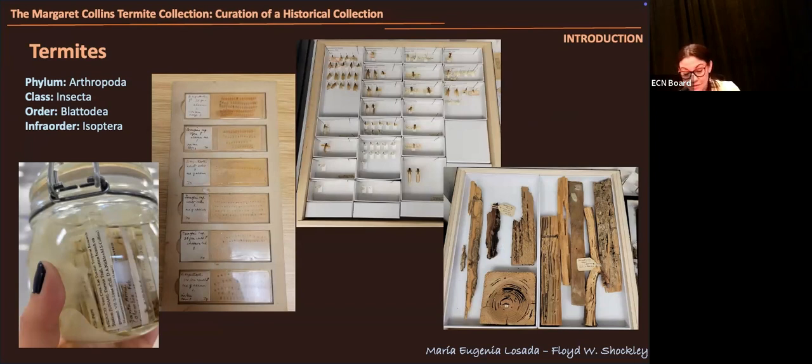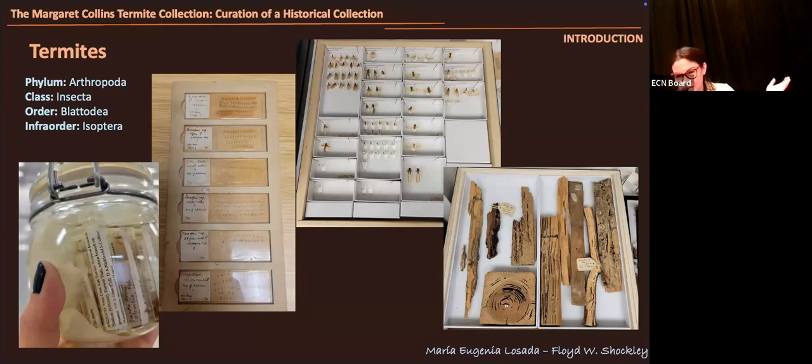So in this case, I'm going to talk about termites. I want to clarify that I am not a termite person, but I work in the collection management unit, supporting the projects that we need to be worked on. One of the most challenging things for this project was the fact that termites weren't all preserved in the same way.